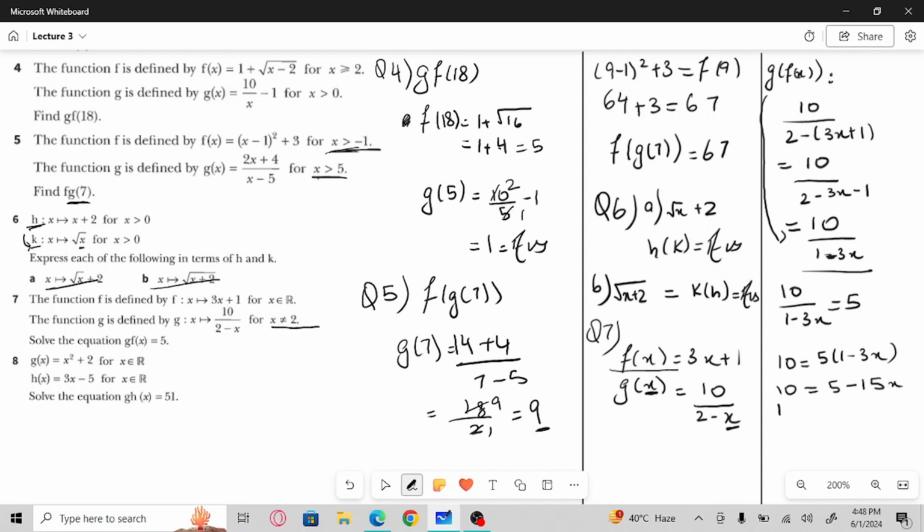Again, 10 minus 5 is equal to minus 15x. And now we are going to say that 5 divided by minus 15 is equal to x, which is equal to 5 upon minus 15.